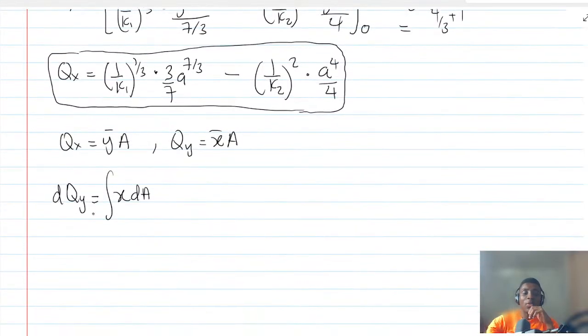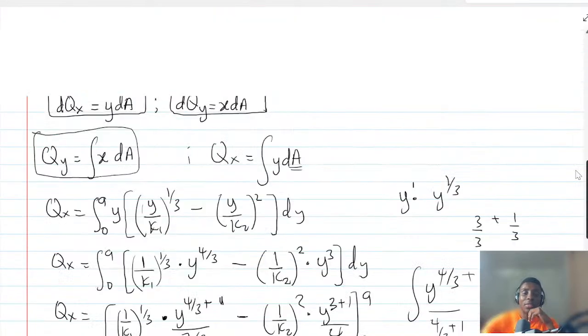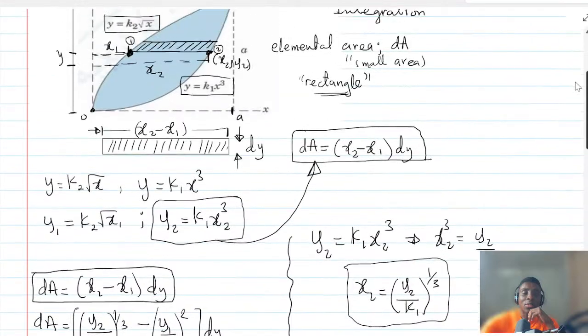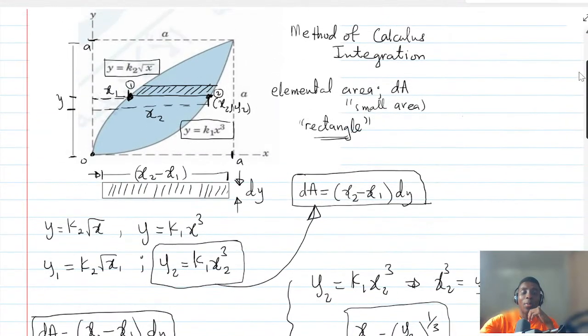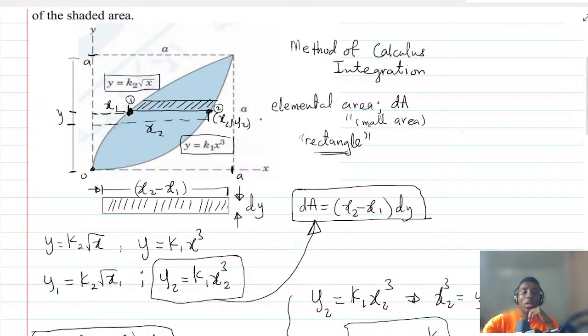I want us to take notice of this. When we are dealing with the x bar, we need to come back and look at this carefully. So, who can help us? What will be the centroid? This is what we want to do.